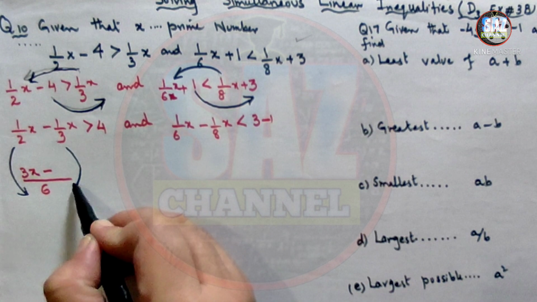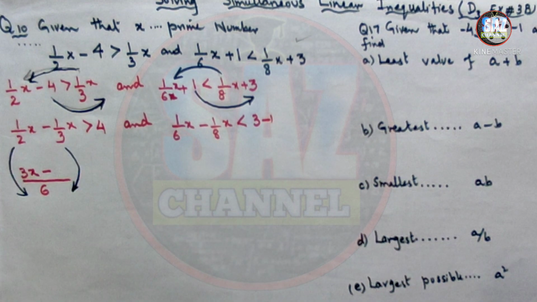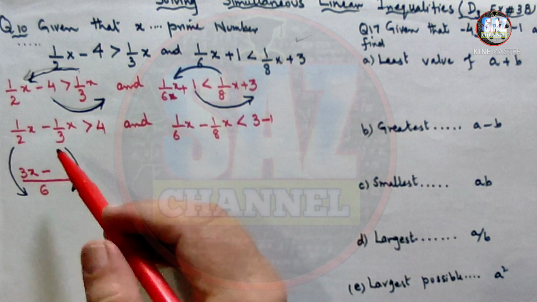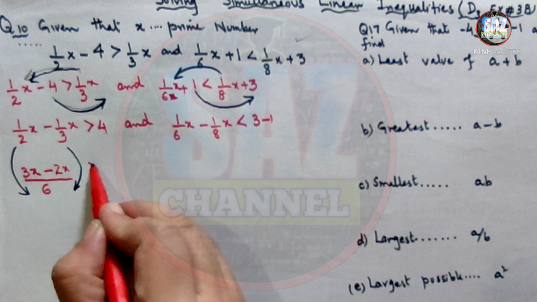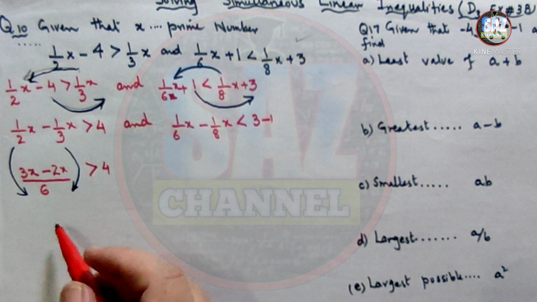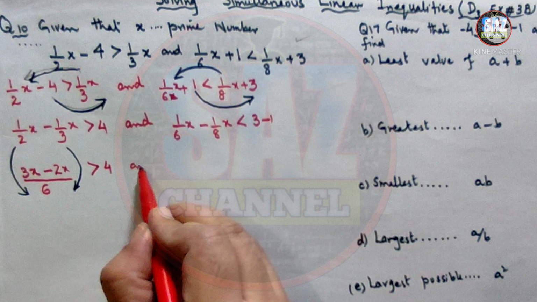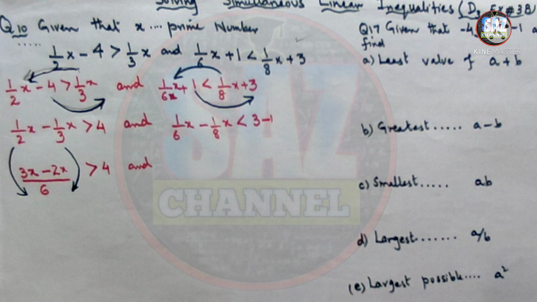Techniques of taking LCM are really important because most of the students are finding difficulty even at this stage in taking the LCM. 3 2s are 6 and it is 2x, which is greater than 4, and then I have to take the LCM of 6 and 8. 4 3s are 12, 2s are 24.